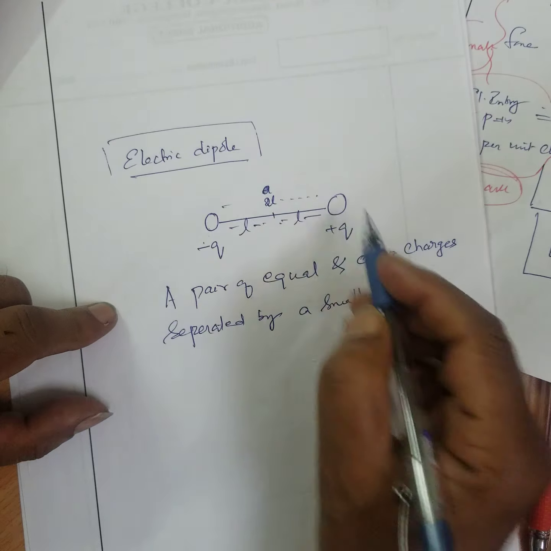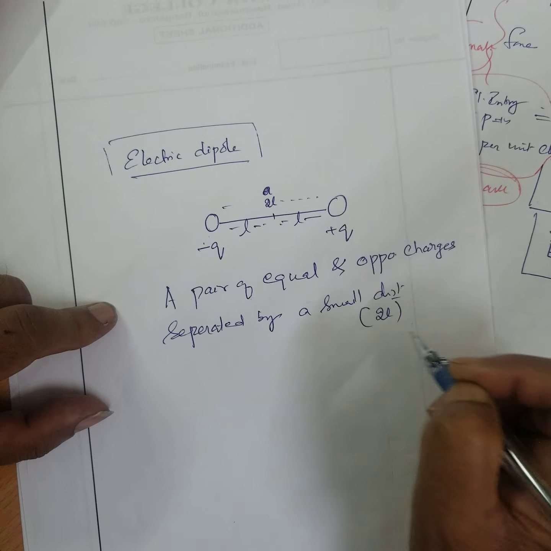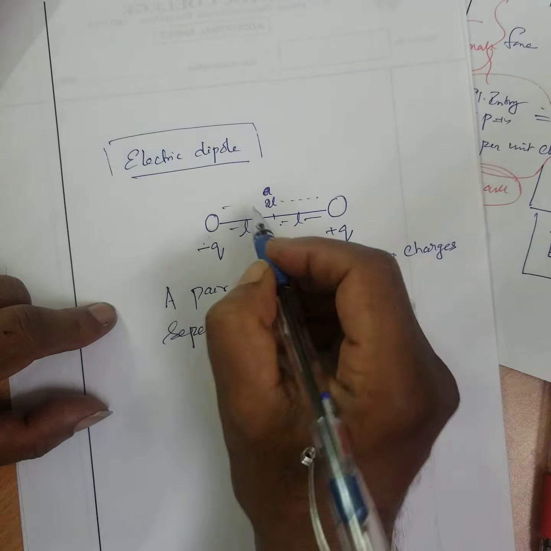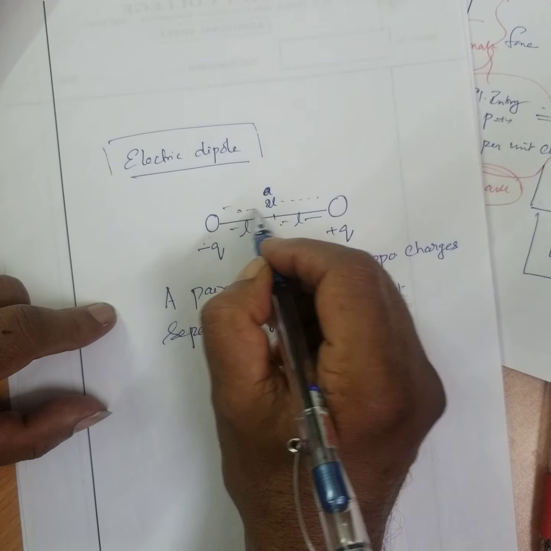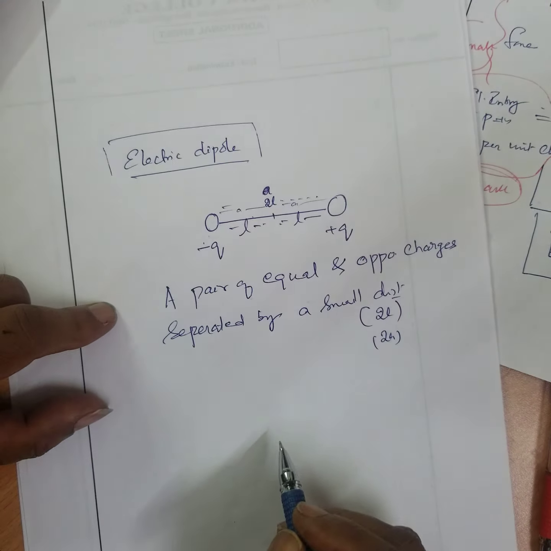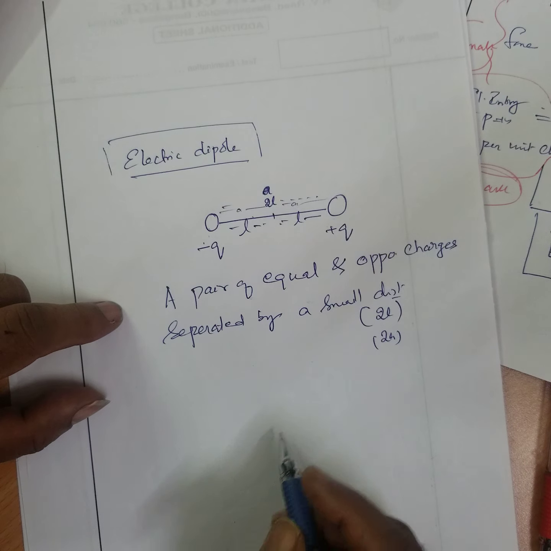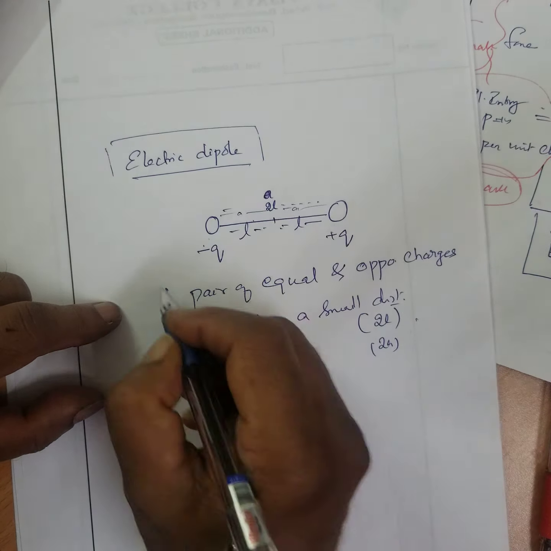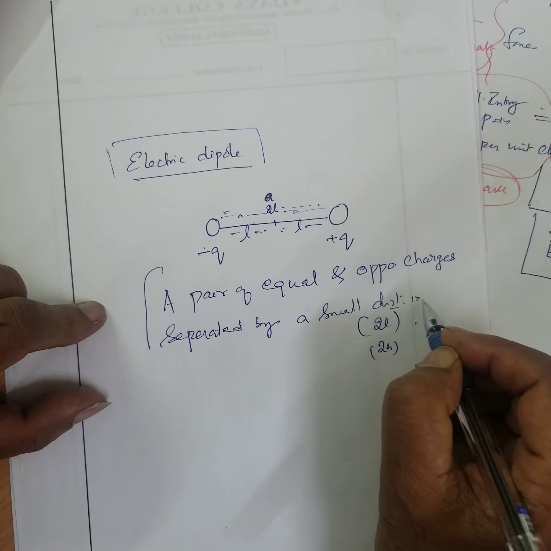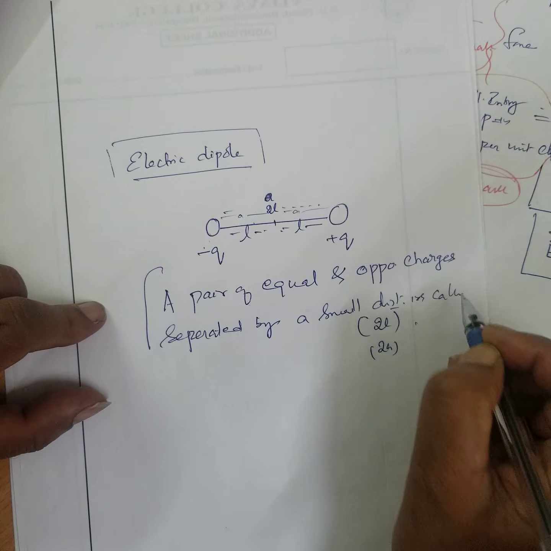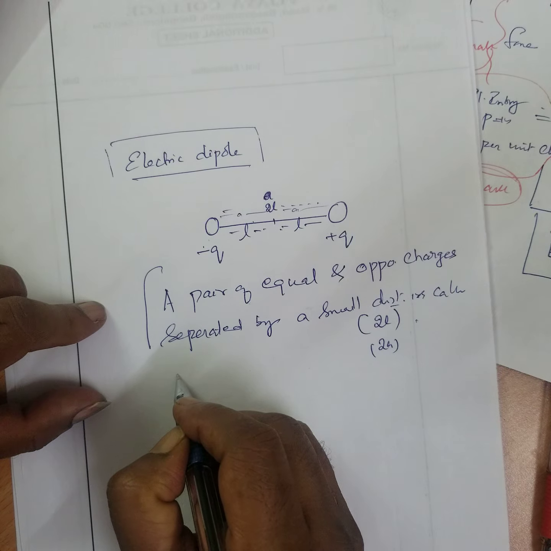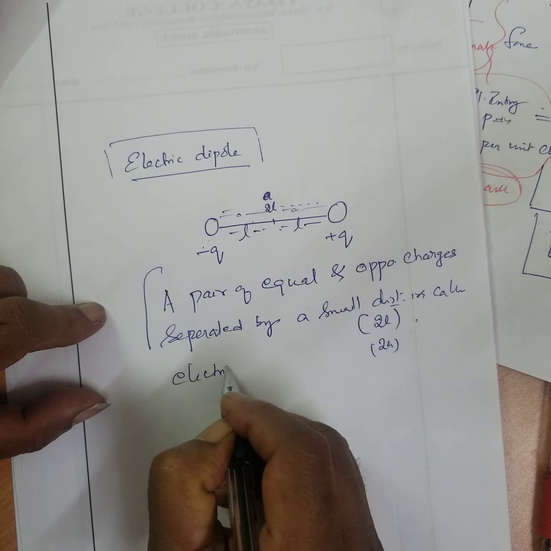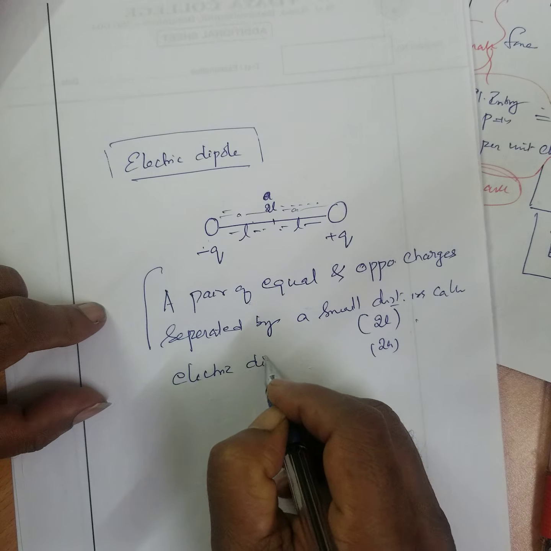What is that? 2L or 2A, whatever it is. This is A, this is A. That pair is called an electric dipole.